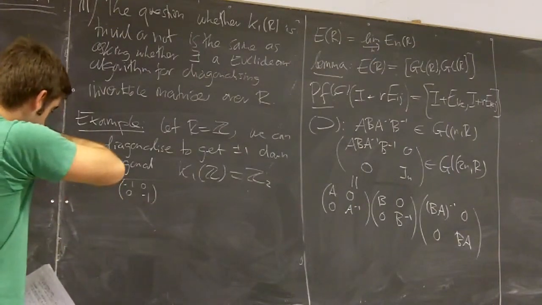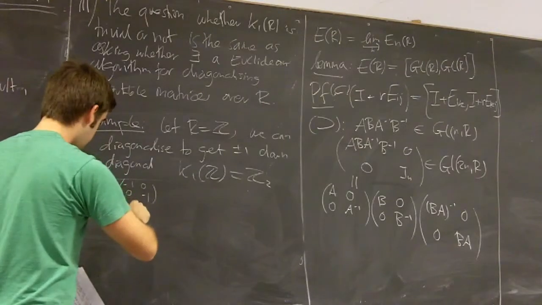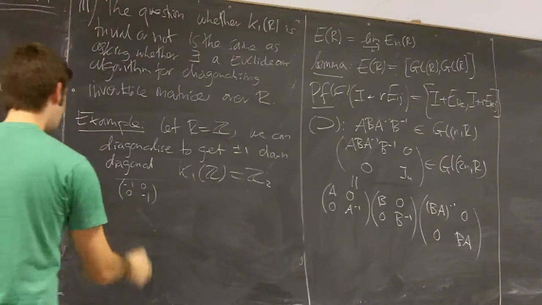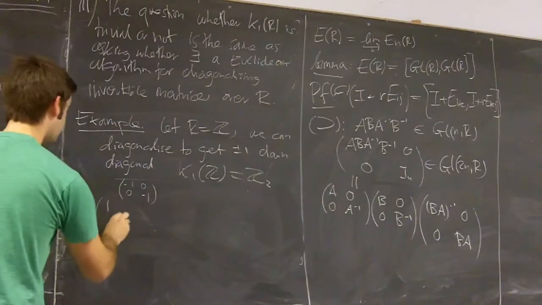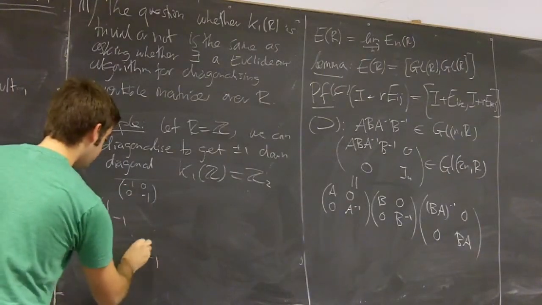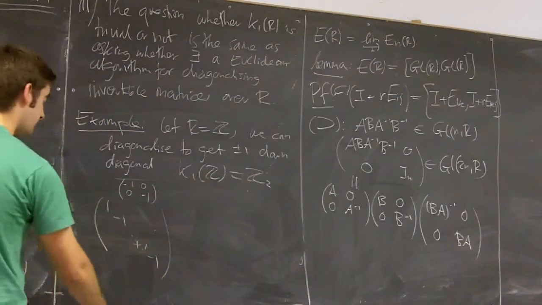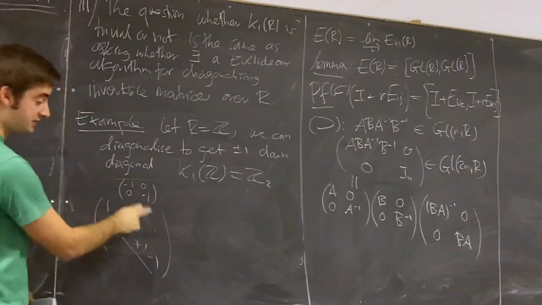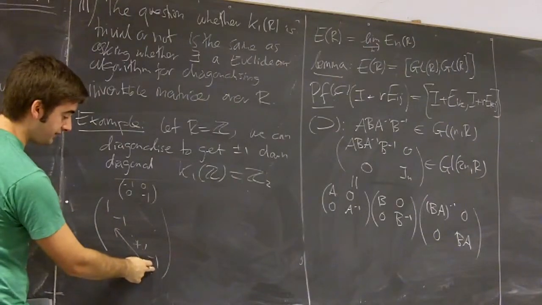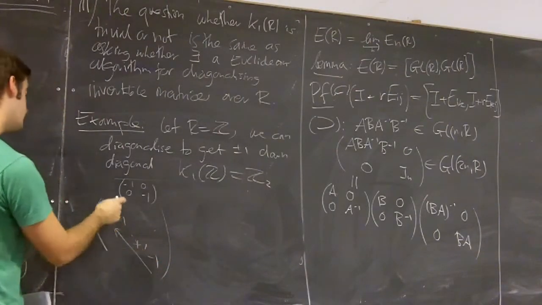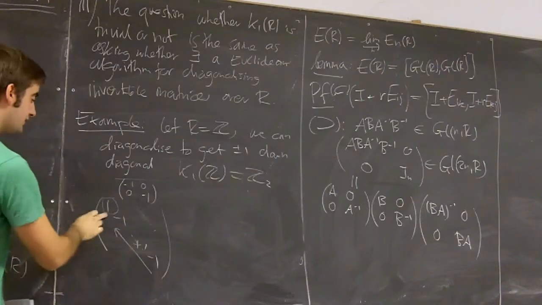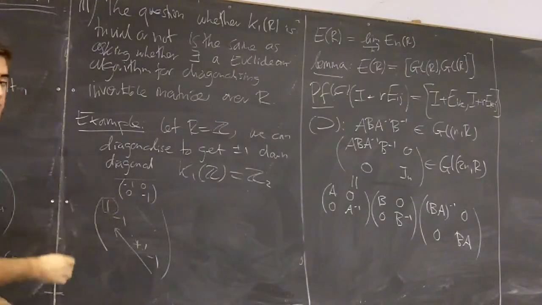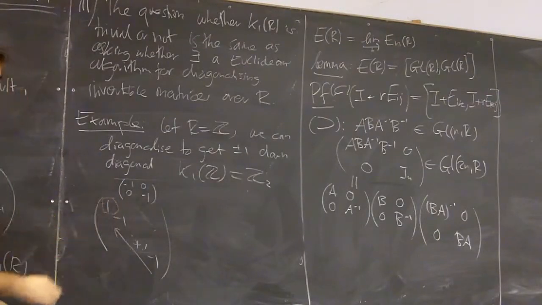So if we've got different signs down the diagonal, we can work our way up, multiplying by this matrix to shift any -1 down here, such that the class of the entire matrix is just determined by one entry, and this will then either be plus or -1.